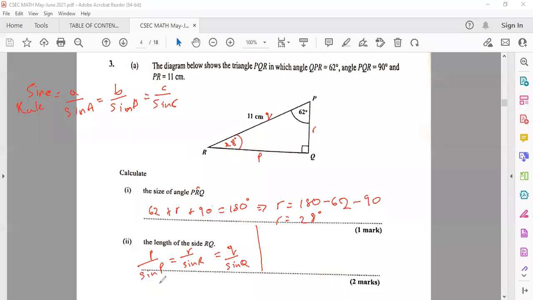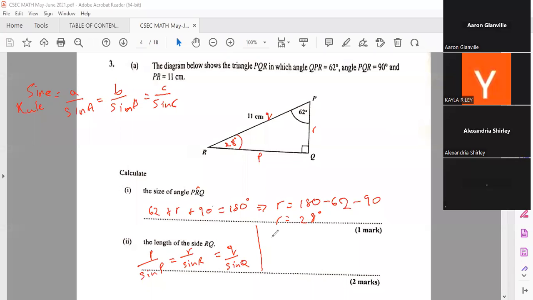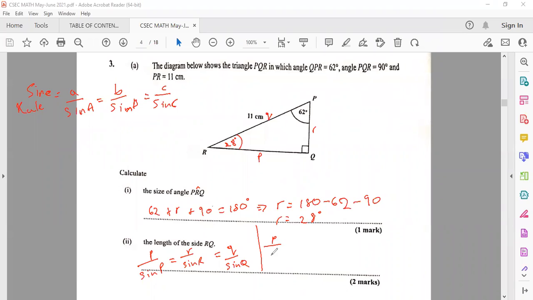We don't know what P is, but angle P is 62. So we have little p over sine of 62 degrees is equal to Q, which is 11, over sine of 90.